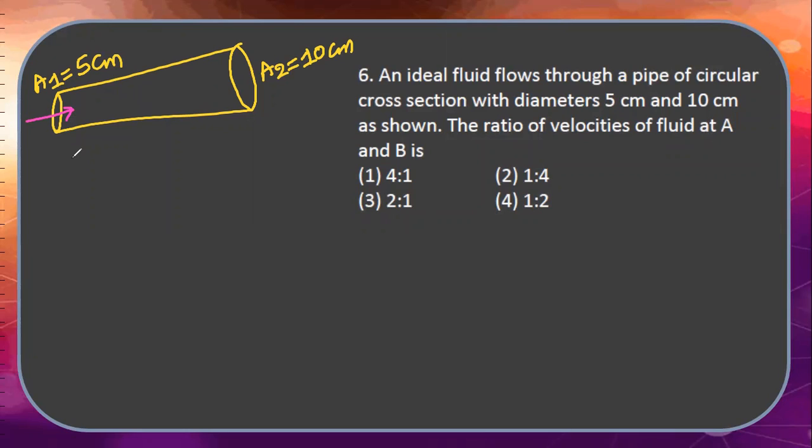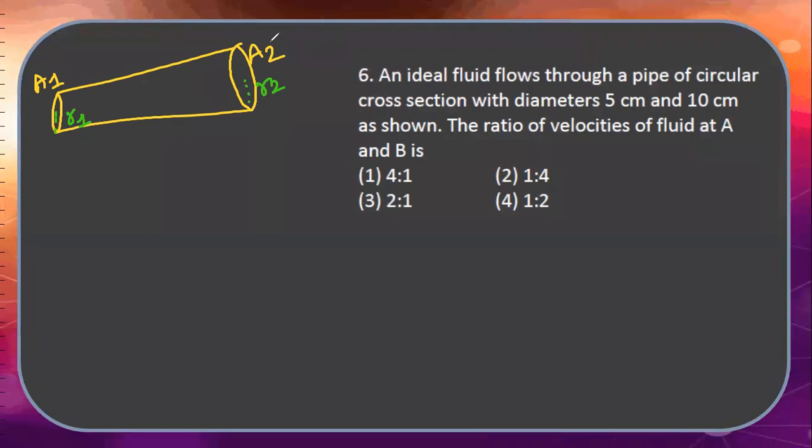Then the ratio of velocities is to be shown. The areas of cross section are given with the diameters. A1 and A2 are the areas of cross section, and the radii are taken as R1 and R2. Now radius is directly proportional to diameter.